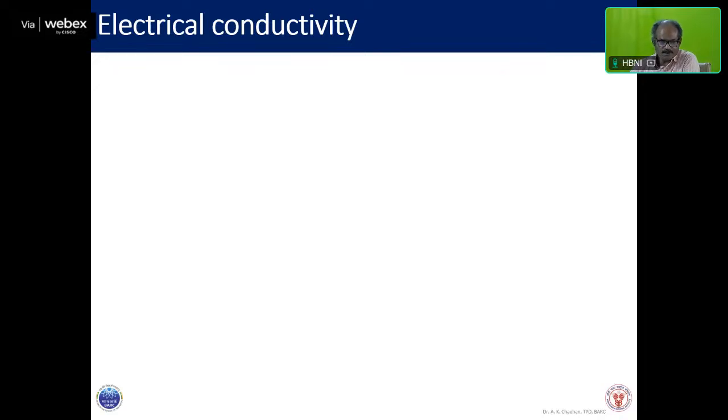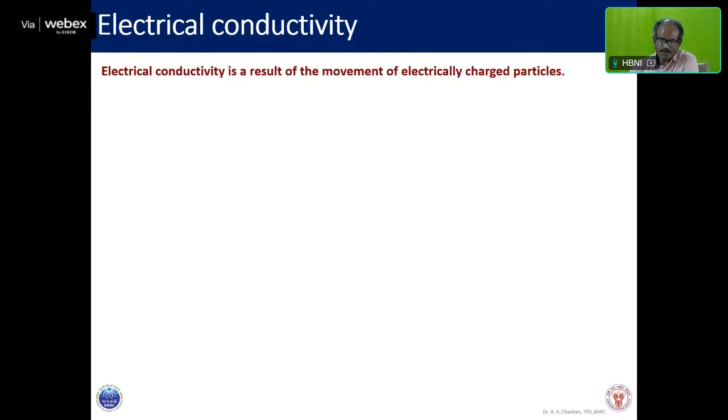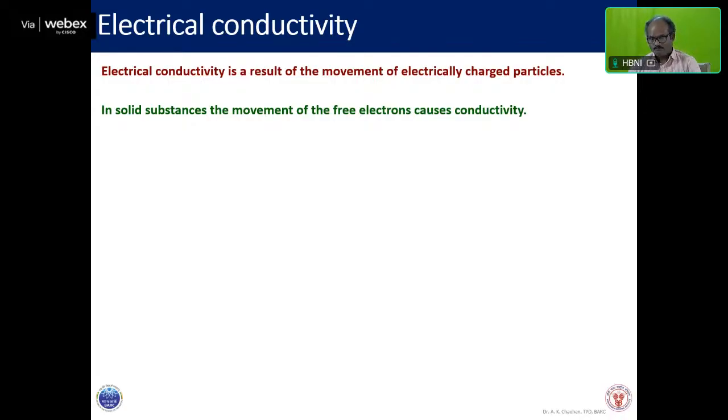Now, since everything depends on the electrical conductivity, let us first understand what electrical conductivity is. Electrical conductivity is a result of movement of electrically charged particles. Electrically charged particles can be electrons and some other charged particles, ions, in liquids for example.